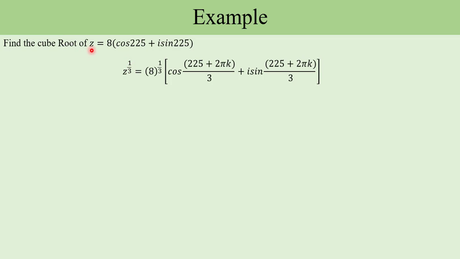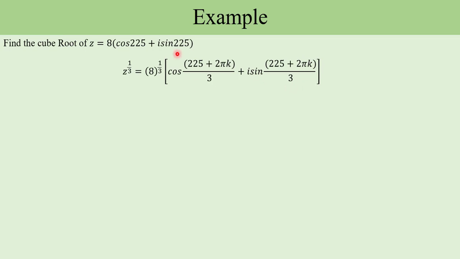So if we take the cube root of this equation, we shall find that we have z power 1 over 3 is equal to 8 power 1 over 3 into cos of (225 plus 2 pi k) over 3 plus i sin of (225 plus 2 pi k) over 3.